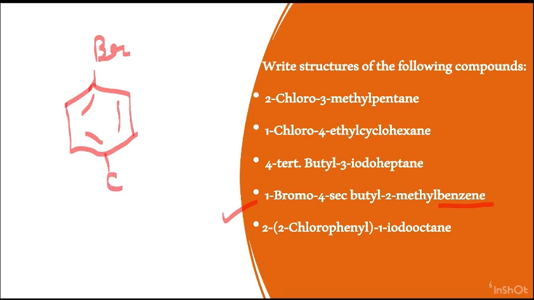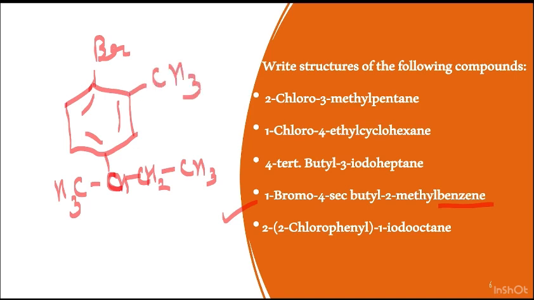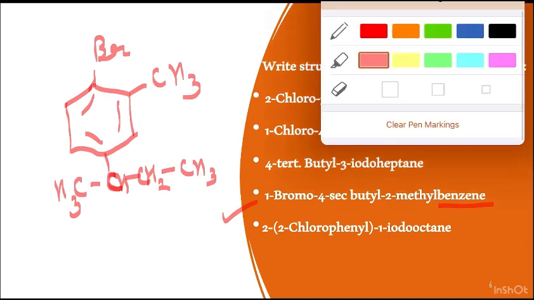Butyl again 4 carbons. Secondary means this carbon which is attached to benzene is attached to 2 more carbons directly. Butyl has 4 carbons. So this hydrogen will come here. This is secondary butyl on the 4th carbon, and the second carbon is having methyl. Easy to draw the structure from the IUPAC names.